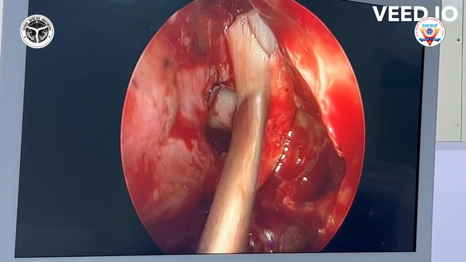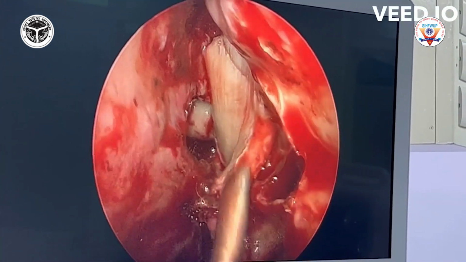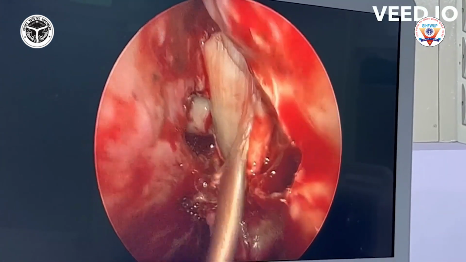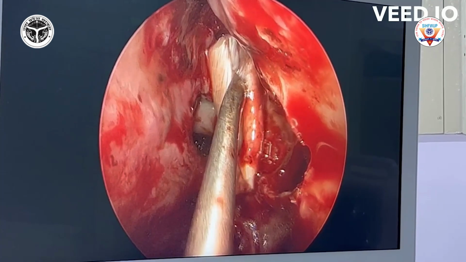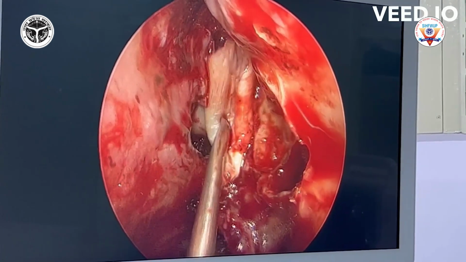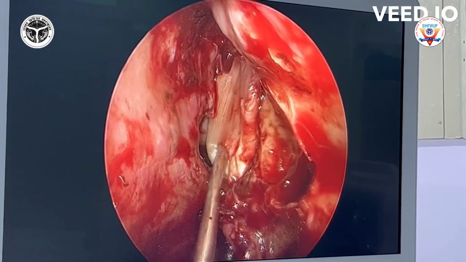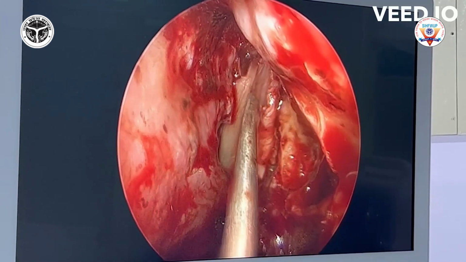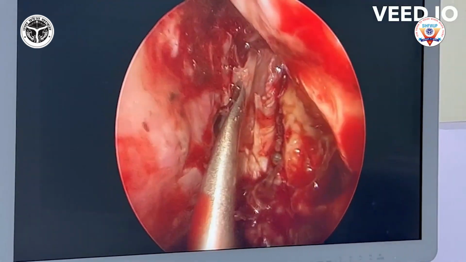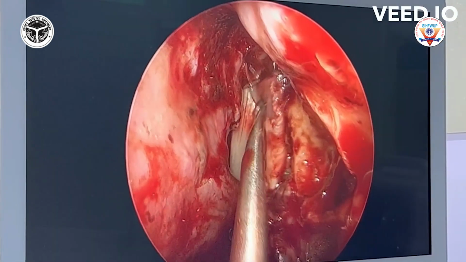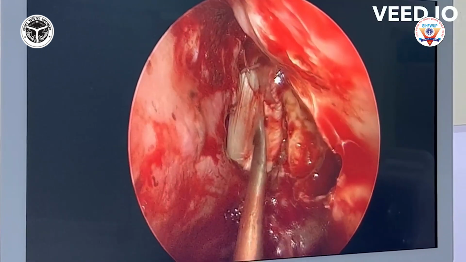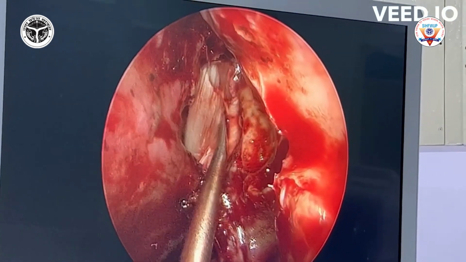Now we can see it with 0 degree also. This is the fascia lata, a large amount of fascia lata. It is said that you should take the graft twice the defect size. So a large fascia lata was taken and put on this.